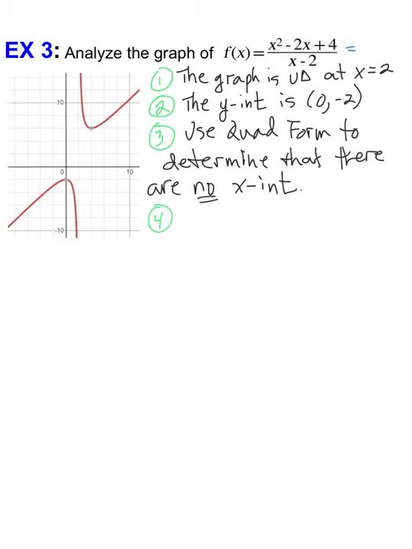So then the fourth thing we need to look at are horizontal asymptotes, because we have a quotient. So we already talked about this, because the degree of the numerator is greater than the degree of the denominator.